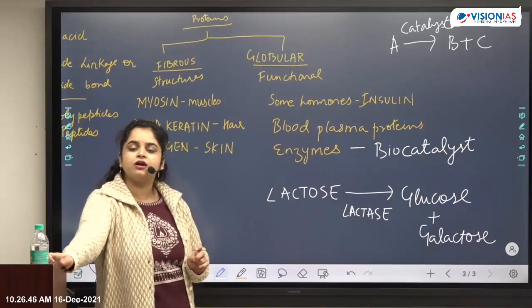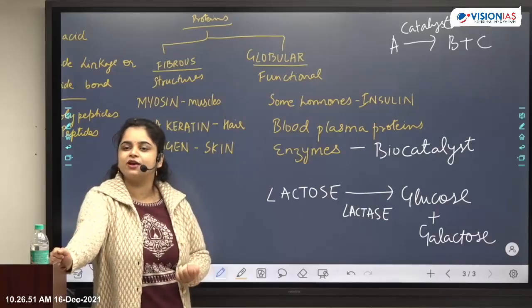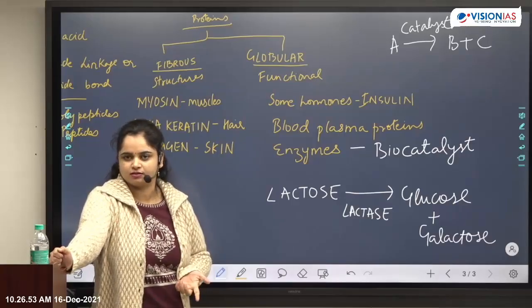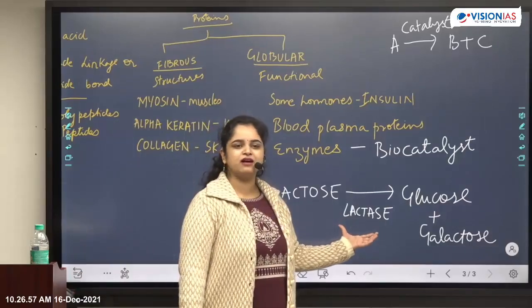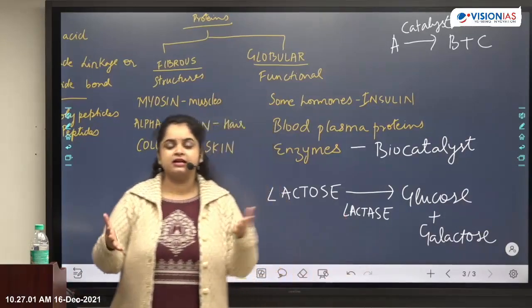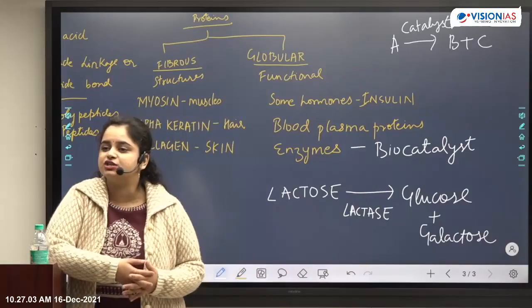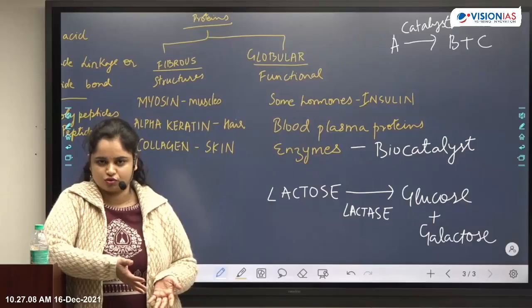So you might have heard about people being lactose intolerant, or those people who cannot consume milk or milk products. What is happening in their body is they do not have a well-functioning lactase enzyme. And this is a very big problem. In some populations like Southeast Asian countries, more than 30% of their population is lactose intolerant.